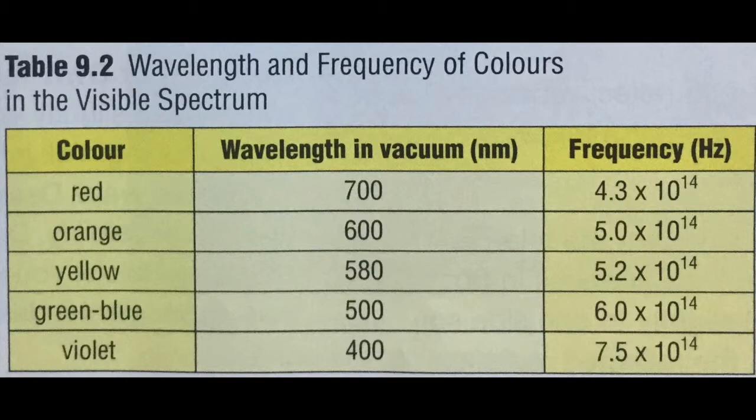Red light has a wavelength of 700 nanometers, which is 0.0000007 meters, or 7.0 times 10 to the negative 7 meters. The nanometer is so tiny that about 500,000 of them would fit across the thickness of a sheet of paper.